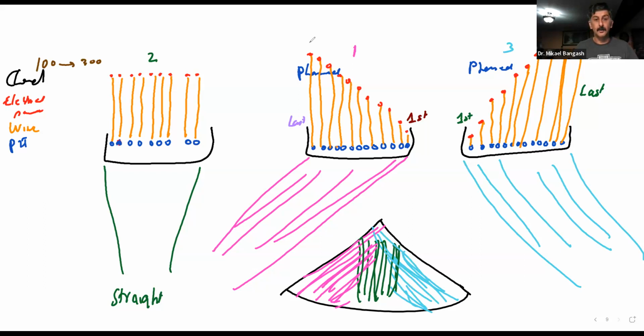So what is going to determine the direction in which the beam is being steered? Me moving around here as the beam, not the PCTs, because physically the PCTs are fixed.